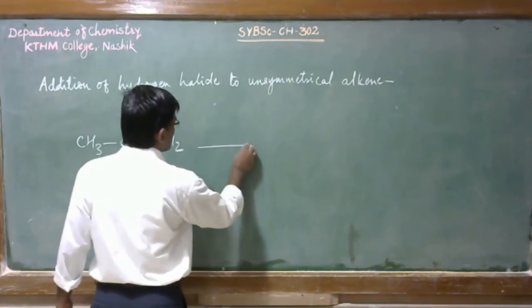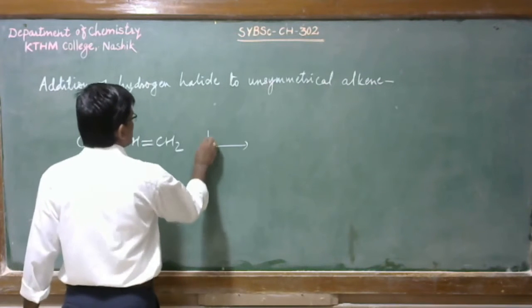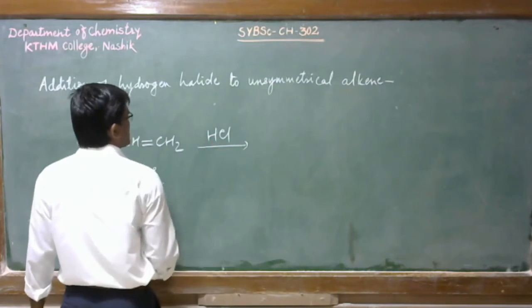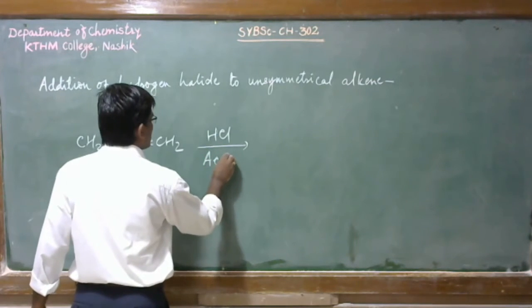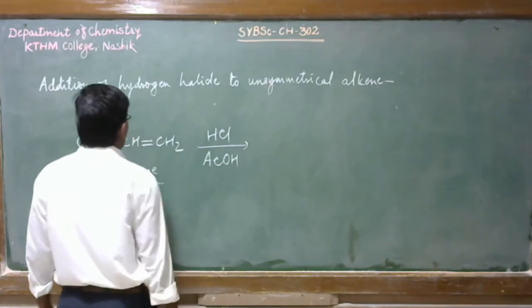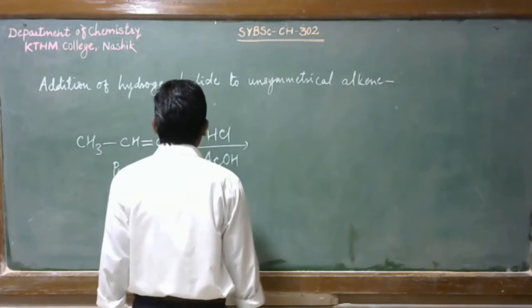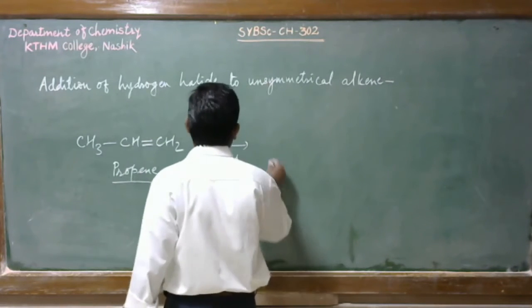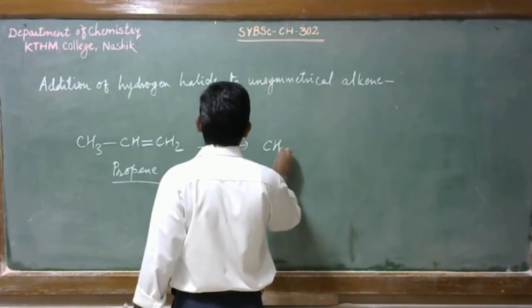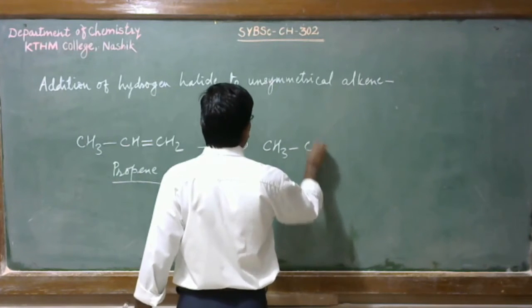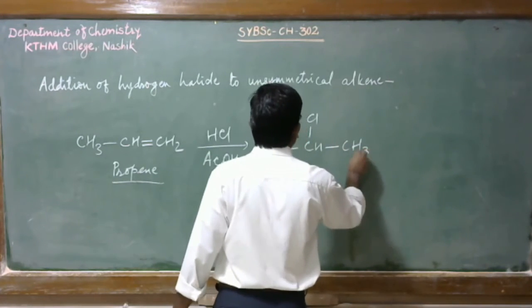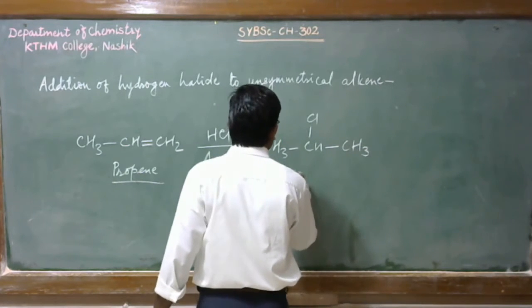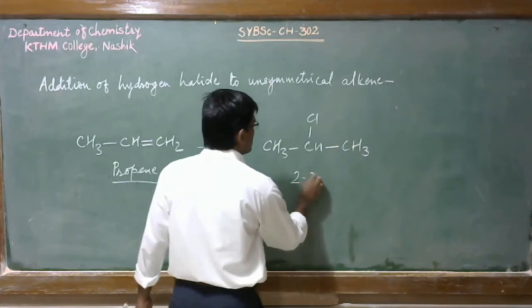When you treat this propene with HCl in the presence of acetic acid, it gives 2-chloropropane.